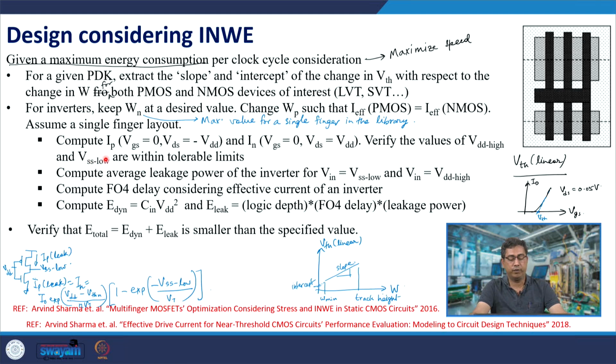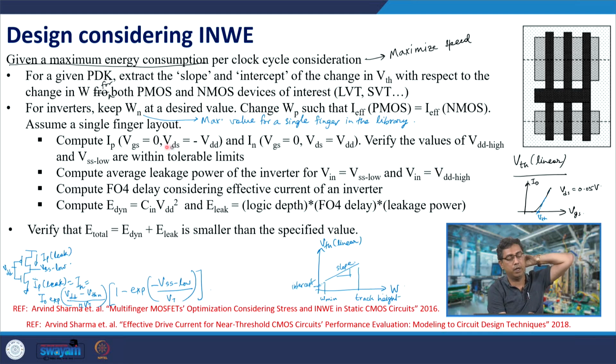After you have met your specifications for VDD high and VSS low, you compute the average leakage power of the inverter for these values of input voltage. Why these values? Because the inverter driving our inverter, which we are designing, would also be similar and would have the same values of VSS low and VDD high. What is the average leakage power?